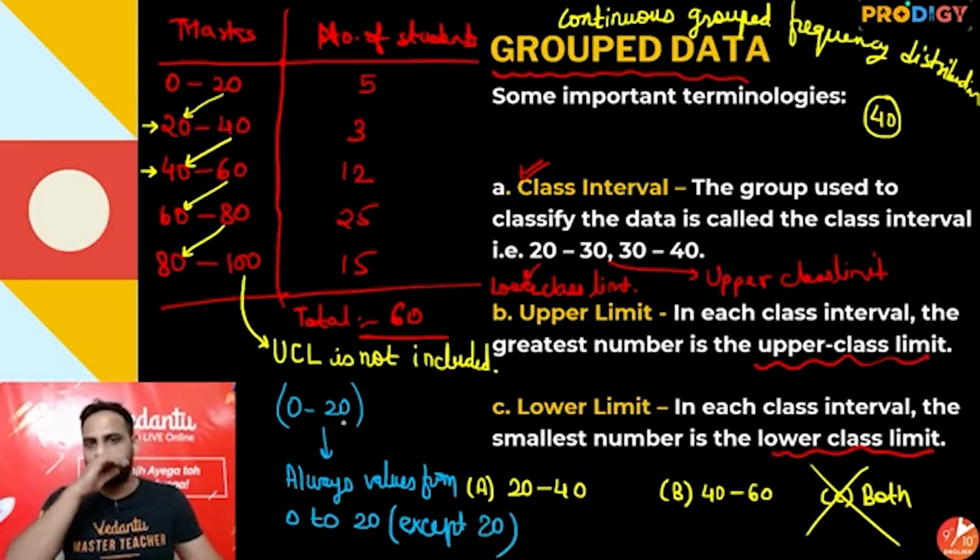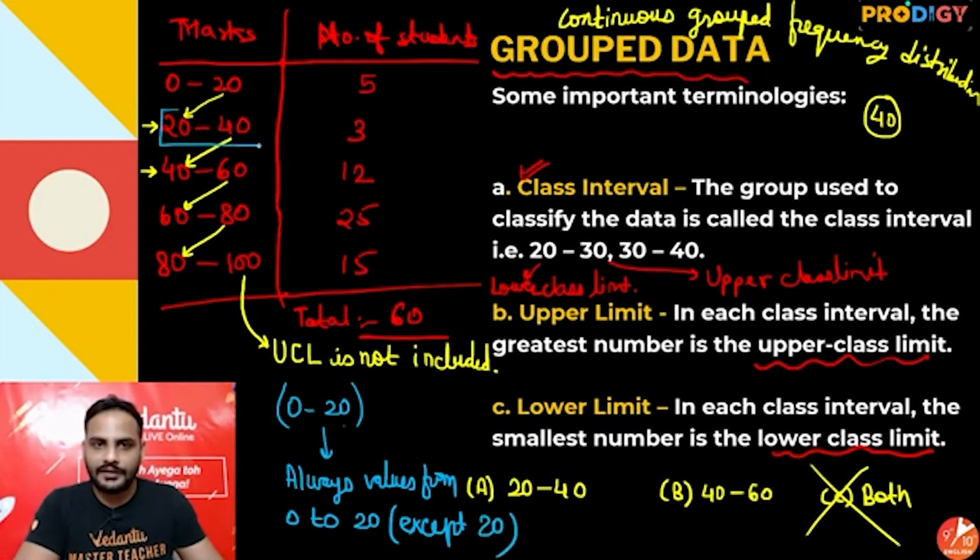So in this group you will not count 20, you will count 20 in the next group.